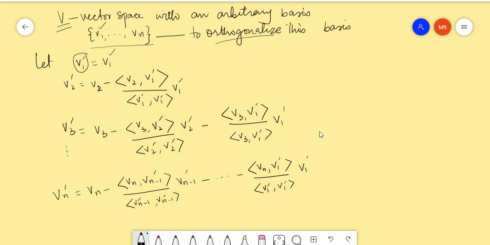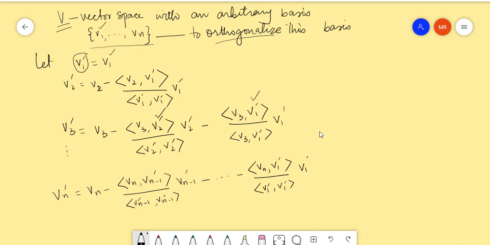Similarly, we construct V3 dash to be equal to V3 minus the projection of V3 on V2 dash minus the projection of V3 on V1 dash. And now we know that this V3 dash is perpendicular to both V2 dash and V1 dash.